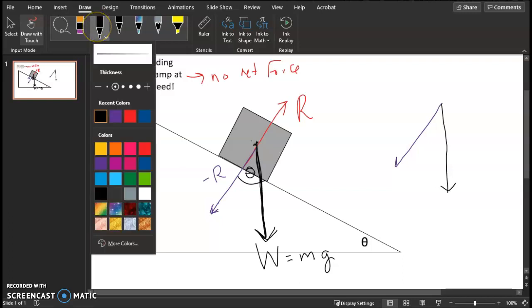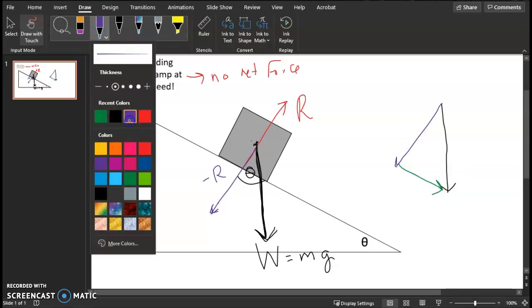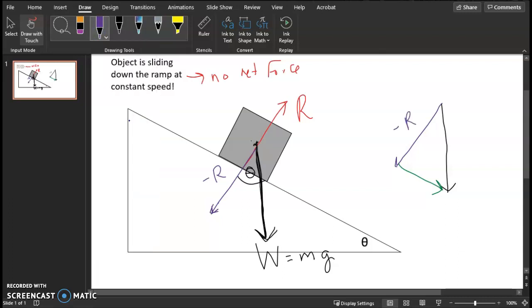I'm going to have some other force here. We'll label it later, but right now I'm going to solve for the normal force, or the opposite of the normal force. This is theta, and this is W. The W is my hypotenuse. I have an angle that is adjacent to one side of the triangle.